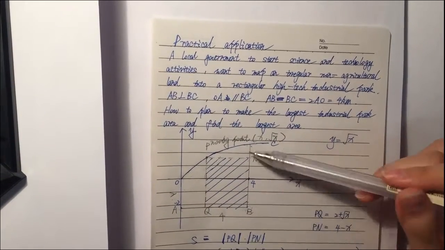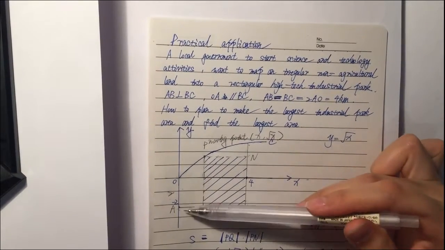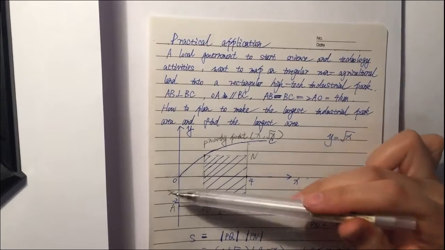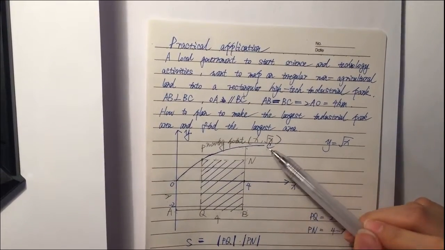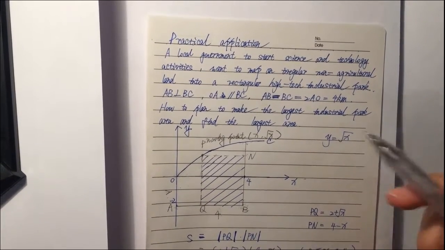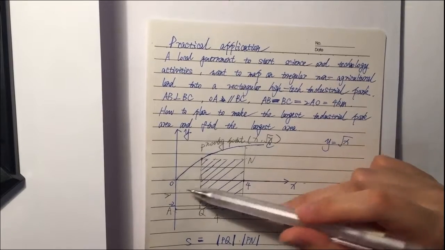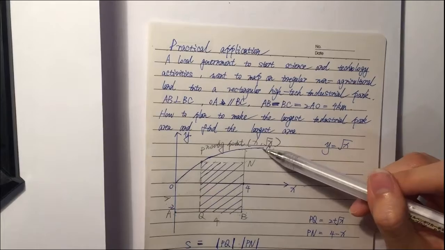AB equals BC equals 4, and OA is half as long as AB, so OA equals 2. OC is a parabola, y equals root x, and P is a moving point on OC, and its coordinate is (x, root x).